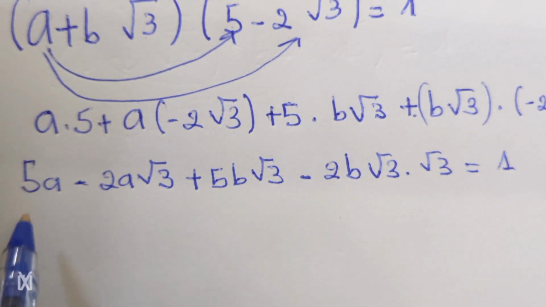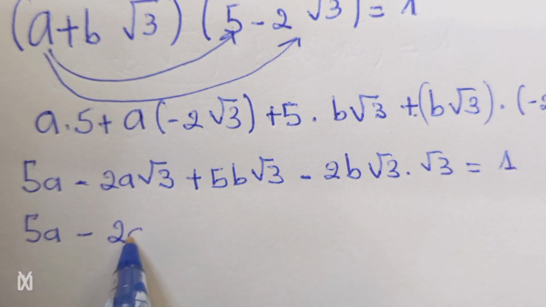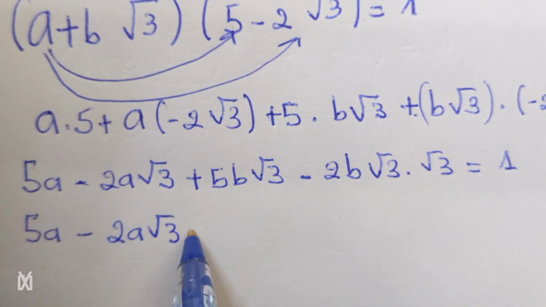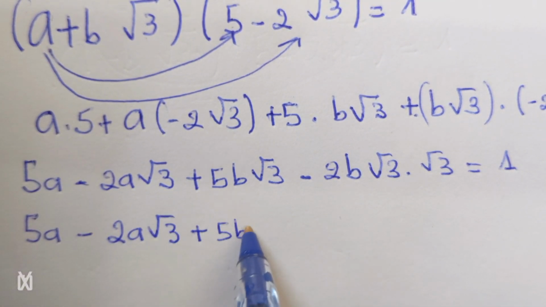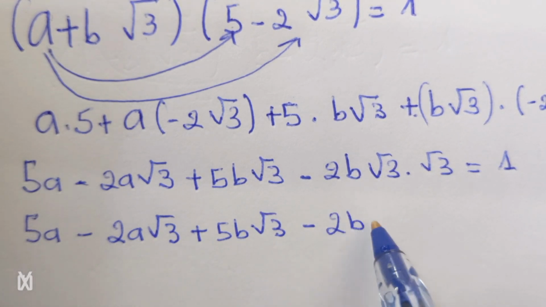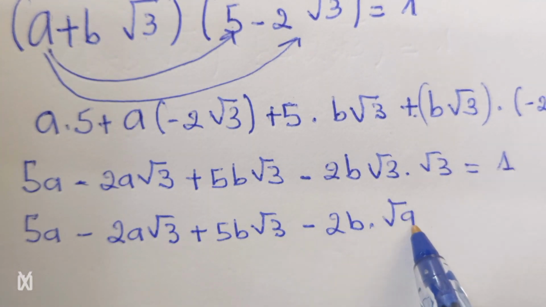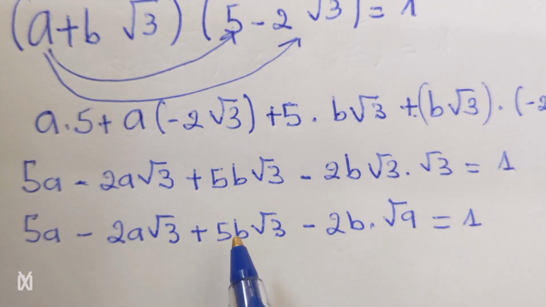This one will bring 5a minus 2a square root of 3 plus 5b square root of 3 then minus 2b times square root of 3 times square root of 3, which is square root of 9, equal to 1.